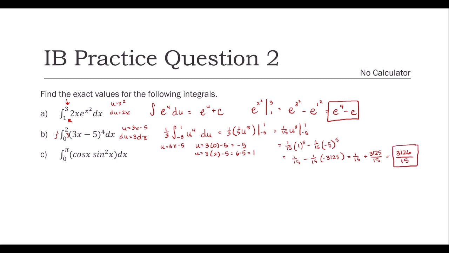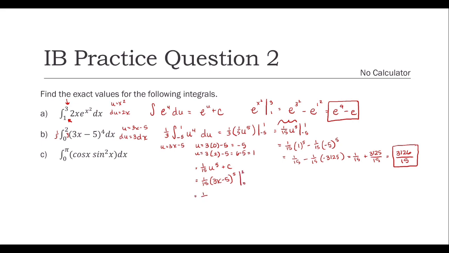So if we wanted to go ahead and substitute back in our 3x minus 5 for u and not change the limits of integration, we could go back to this 1/15 u to the 5th plus c, and then substitute in our 3x minus 5 for u. So 1/15 times (3x minus 5) to the 5th, evaluated from 0 to 2.